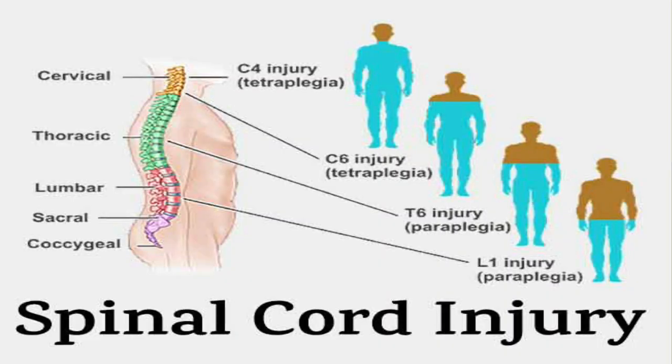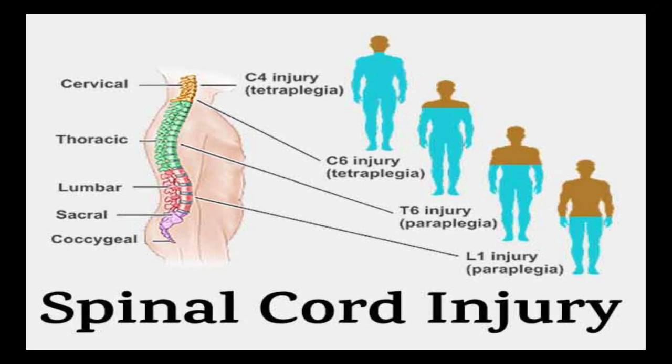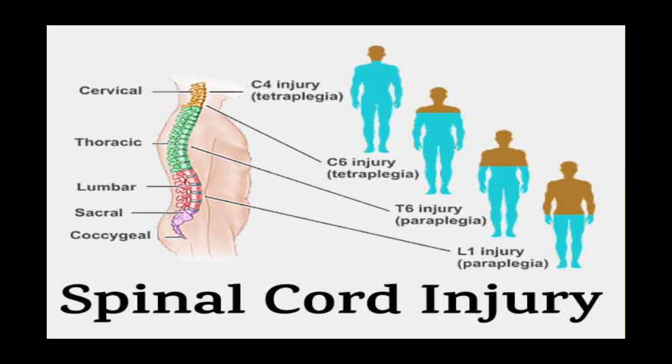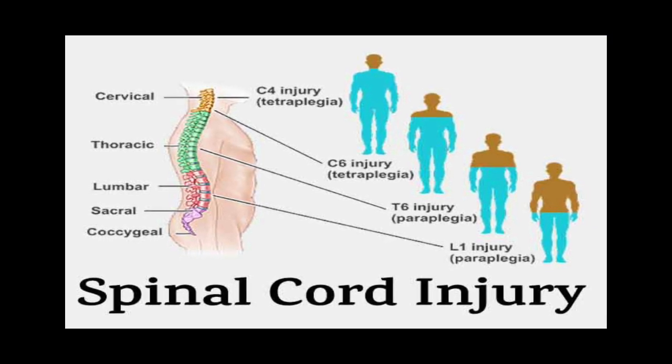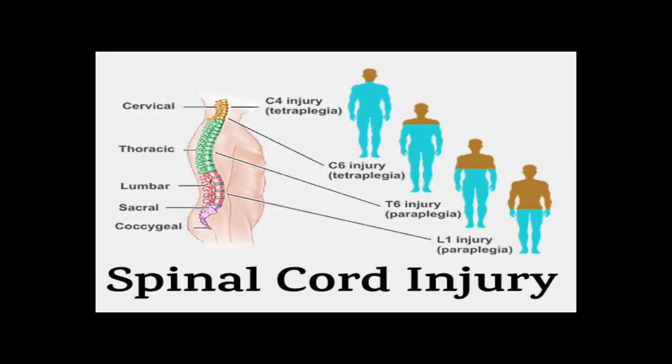Right here is an illustration of spinal cord injury. Really, really pathetic. You have the diagram at the extreme right, your right, with some colors. You see the coloring, the blue color and the brown color, the gold color at the top. The area covered by these colors varies.